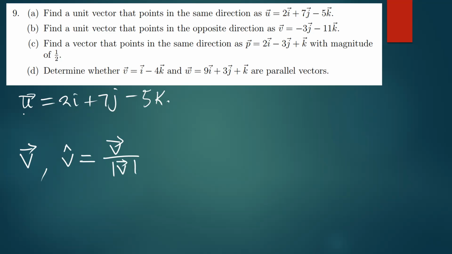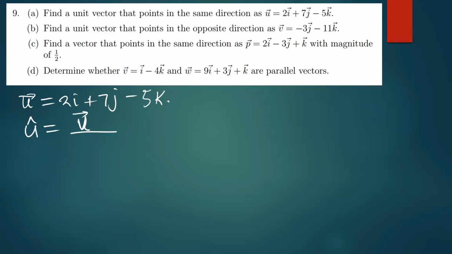So now let us find the unit vector in the direction of u. It is denoted by u cap, which is equal to the vector itself, u, divided by the magnitude of u. So we have to first find the magnitude of u.